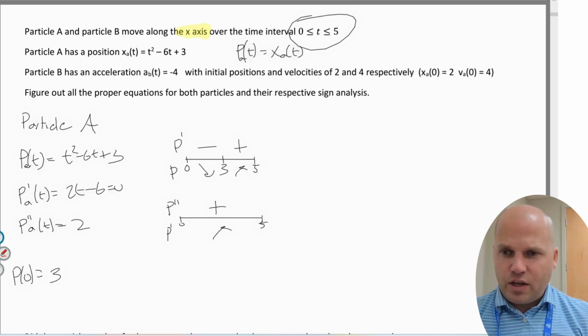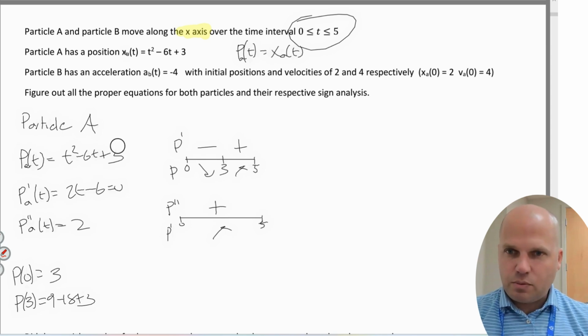If I plug in 0, I get 3. If I plug in 3, I get 9 minus 18 plus 3. This is my positions, using the position function T squared minus 6T plus 3.